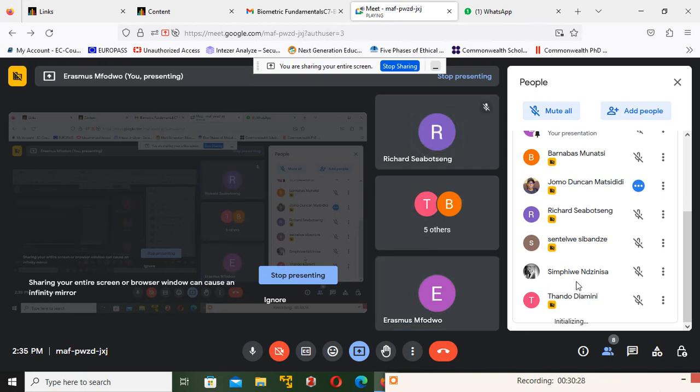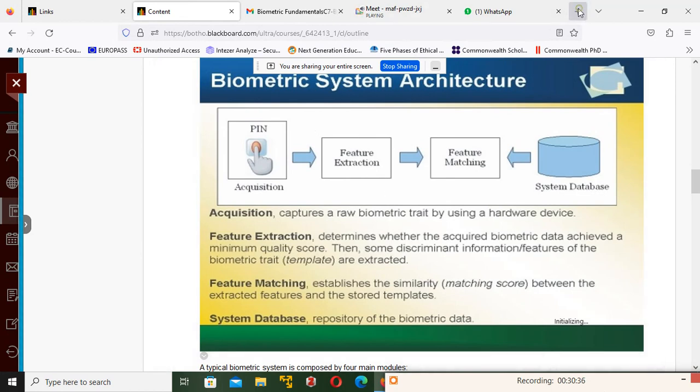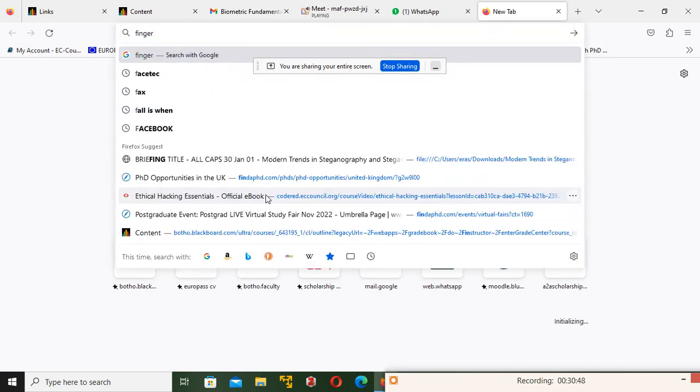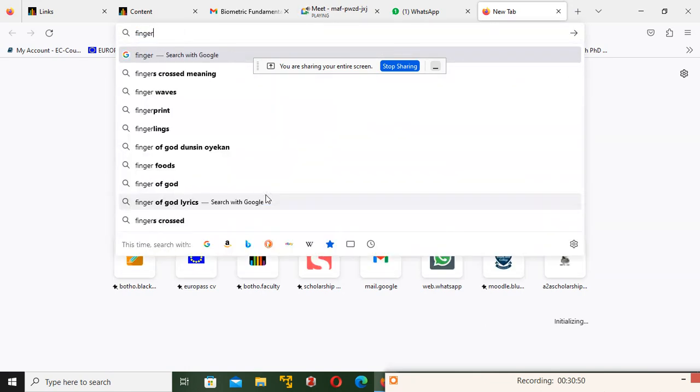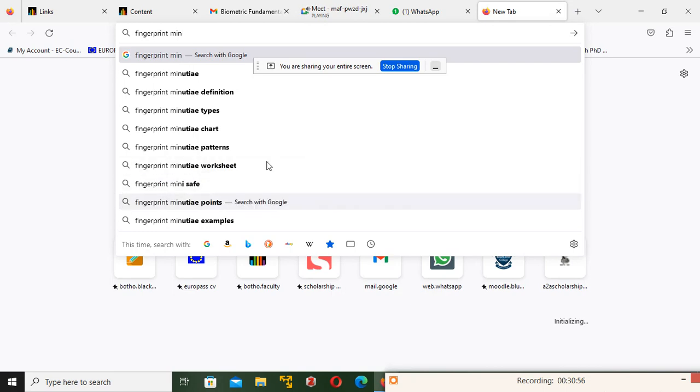Okay. So let's continue. In the fingerprint, we have a lot of features. Let me see whether I can show you guys some. We have a lot of features in the fingerprint that are called minutiae. Fingerprint minutiae.